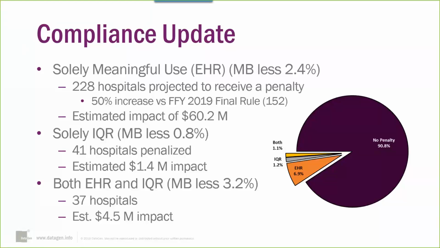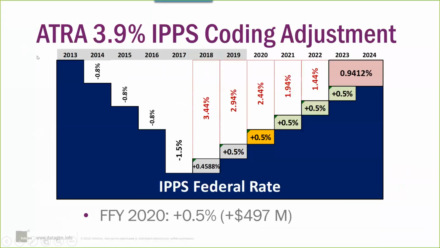And there are 41 hospitals projected to be penalized solely by the IQR penalty. Meanwhile, there are 37 hospitals, nearly equivalent to those affected by the IQR program alone, that would be affected by both and would lose their full 3.2% market basket.